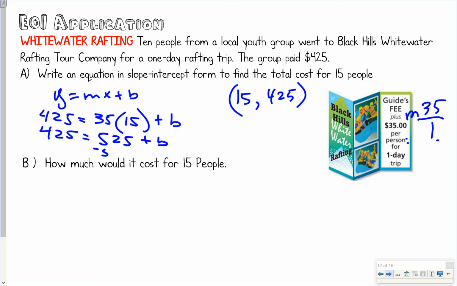Plus B, subtract 525. Okay, what is that going to end up being? Negative. I know, but what's my equation going to be? Oh, y equals 35x minus 100. Oh, yeah, minus 100. Sorry.